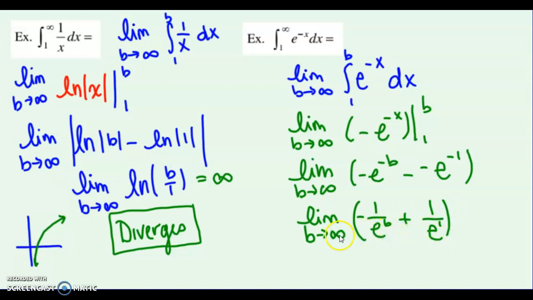So as b goes to positive infinity, we're taking e to that positive infinity power, and this is going to get an infinitely large denominator, which means this term is going to 0. As we go to infinity, this term is unchanged. So our answer is 1 over e, which means this converges to 1 over e.